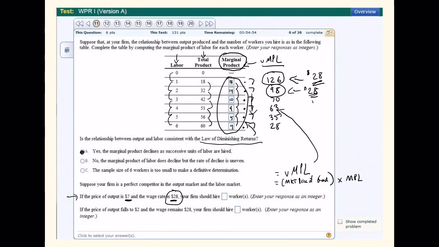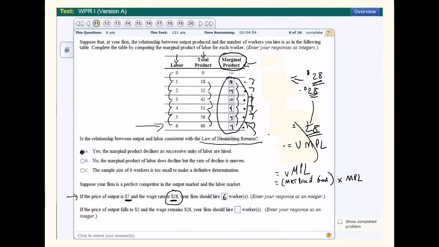We're going to keep going through this logic until we get to a situation where the wage equals the value of the marginal product of labor, and that, of course, is when we hire 6 laborers, because 28 equals our wage rate of 28. So for this first answer, we should hire 6 workers.